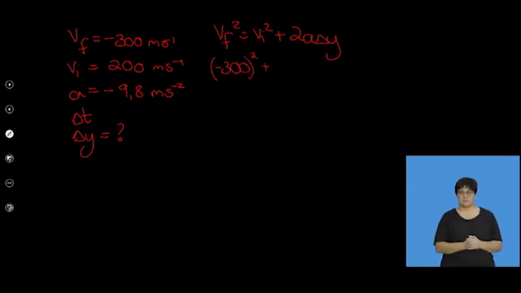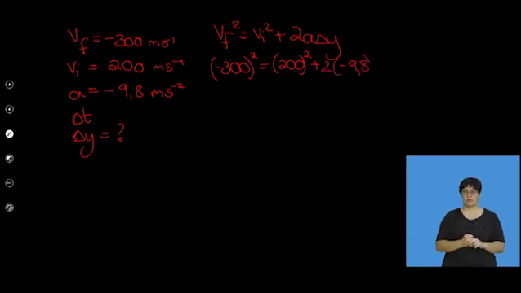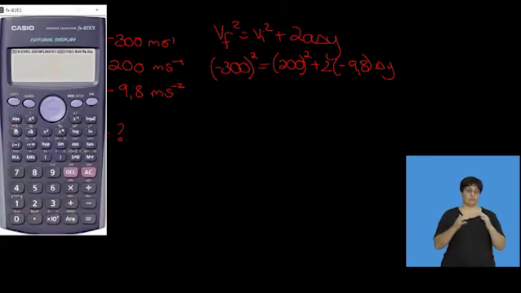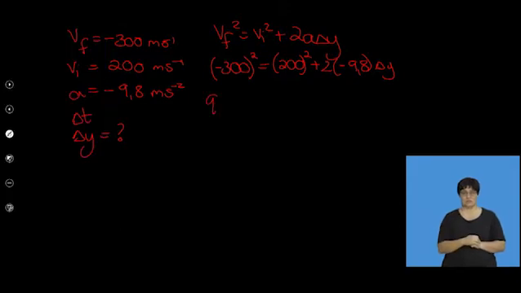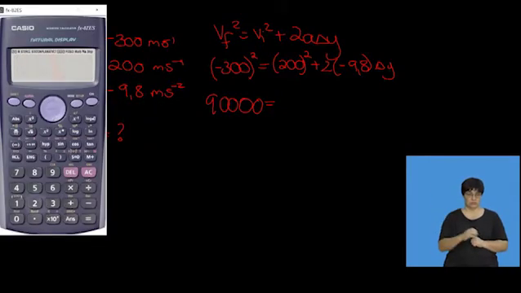That should be equal to 200 squared, remember, also minus 9.8. So we're going to do minus 300 squared, and that gives us 90,000. Let's do the 200. Okay, that is 40,000.